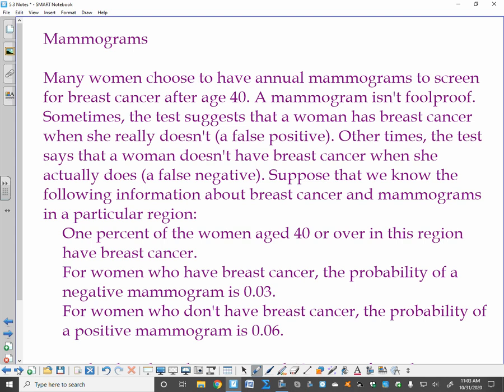If you get a positive test result, then that is confirming that you have breast cancer. If you get a negative test result, then that is a false negative. Then I have the percent of women who do not have breast cancer, and they go get a mammogram. Now, if they test positive, that is a false positive. If they test negative, then that confirms they do not have breast cancer. So, pause this, go make me a tree.